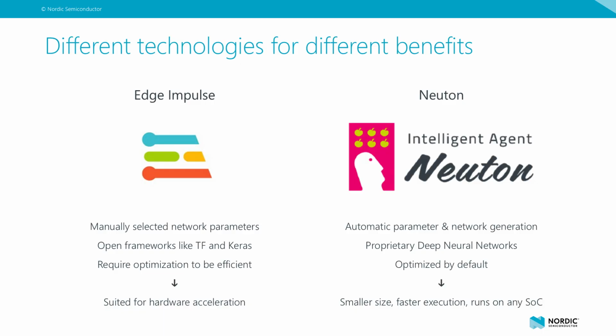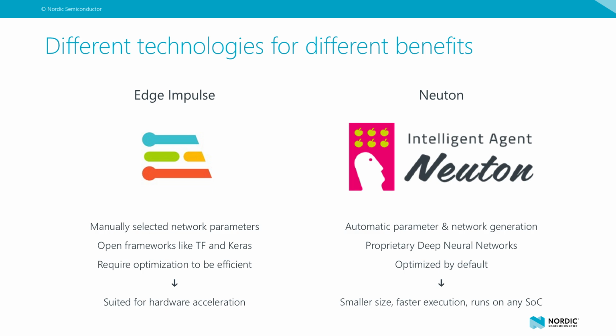Edge Impulse is using a completely different framework. They are using open frameworks like TensorFlow and Keras, whereas Neuton uses its own proprietary algorithm to grow deep neural networks automatically. Edge Impulse requires you to have a little more know-how about how you select the parameters to make a successful network, whereas Neuton handles this automatically for you.